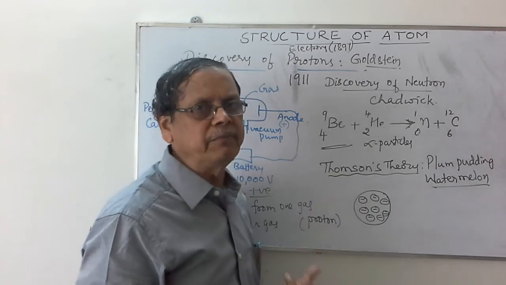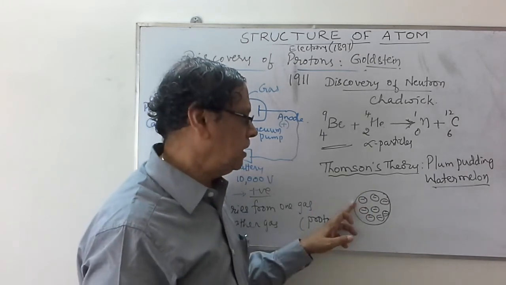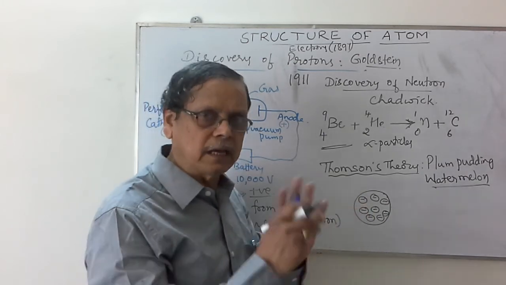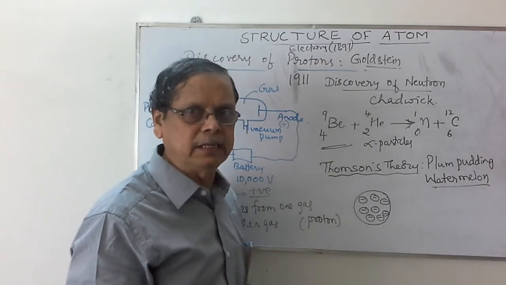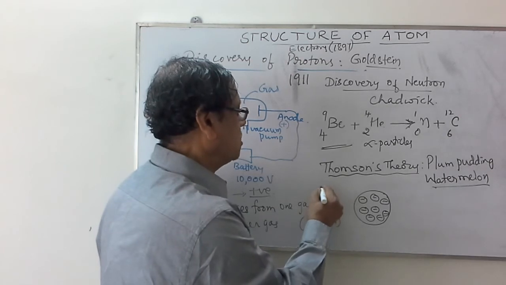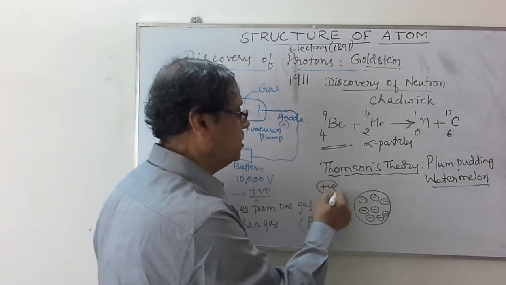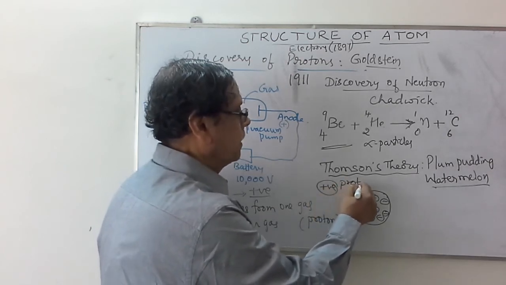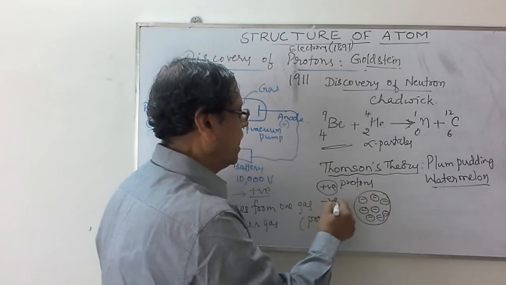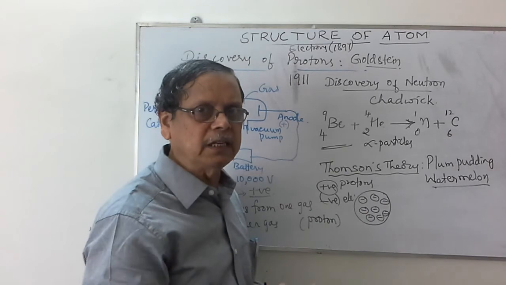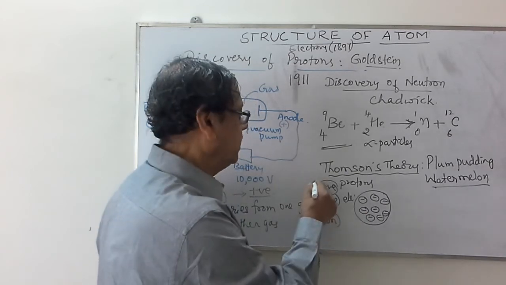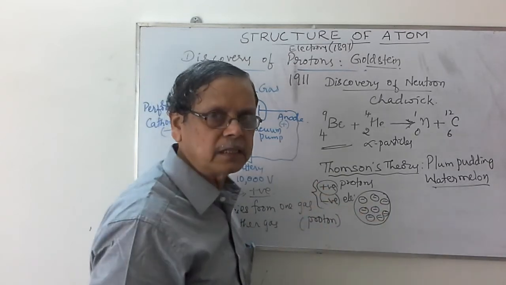But this has certain limitations. When we consider a negatively charged particle around a positively charged particle, automatically there will be attraction. So when the positively charged protons and negatively charged electrons are placed near one another, there will be attraction between these particles.